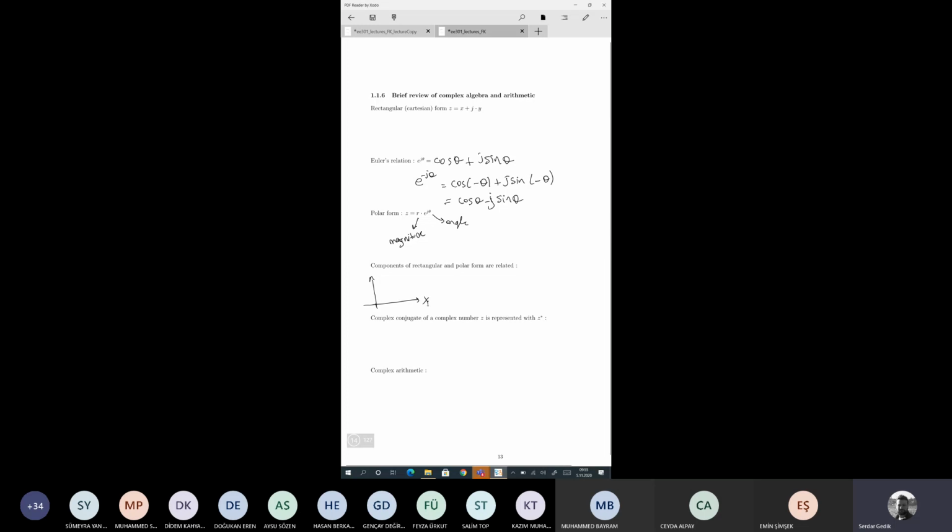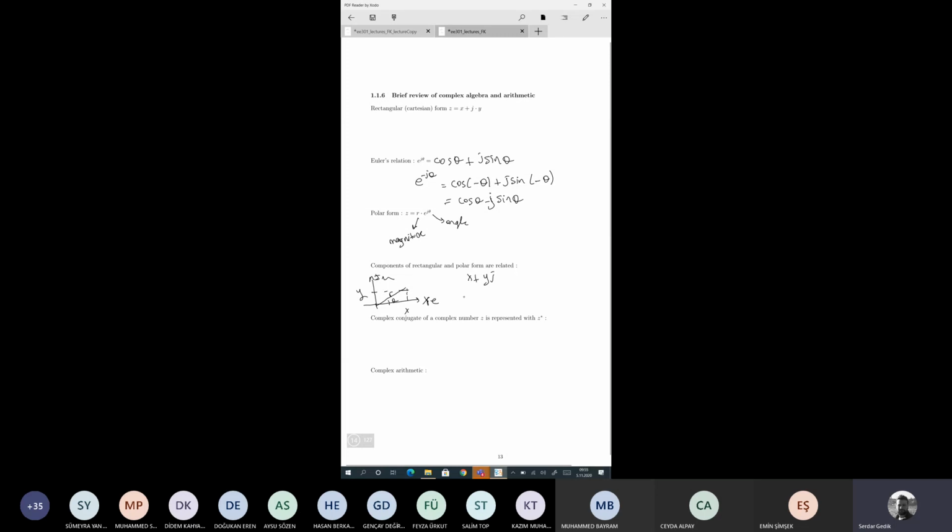Let's say this is my real axis, this is my imaginary axis, and I have x plus jy here. This is theta, so I have x plus yj here. So this is my complex number.